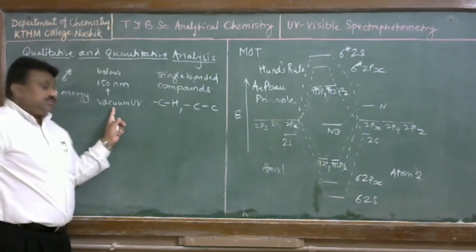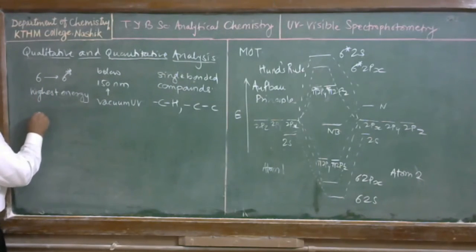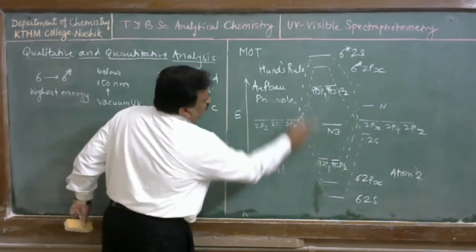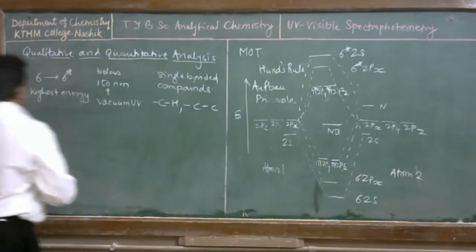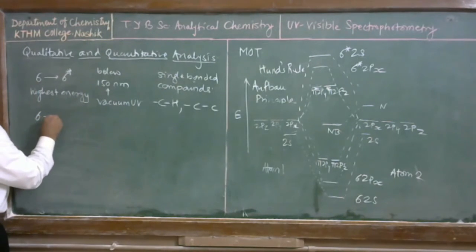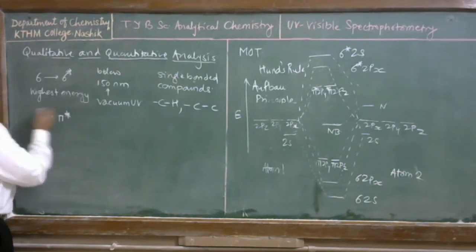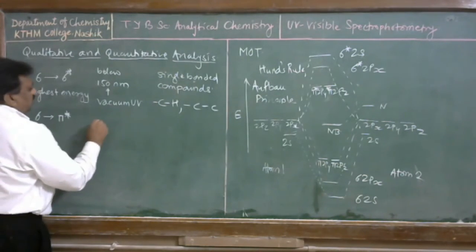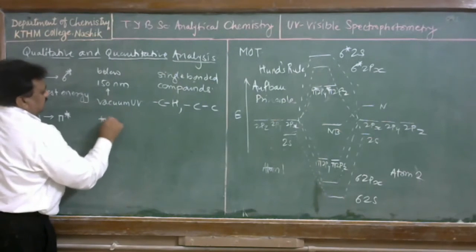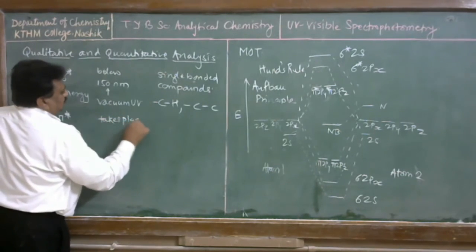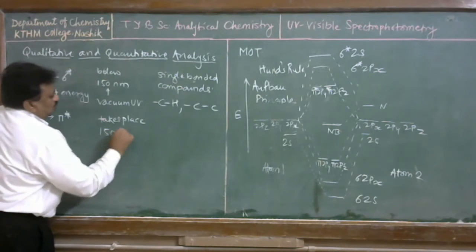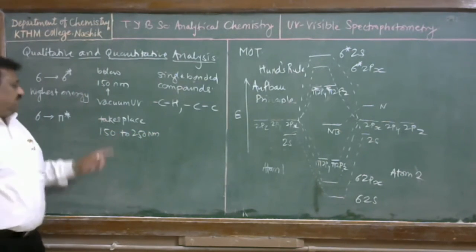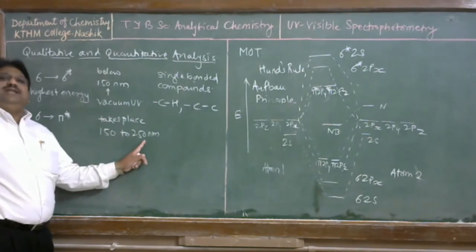The second type of transition is sigma to pi star. This type of transition requires less energy than the previous one, and it takes place between 150 to 250 nanometer.